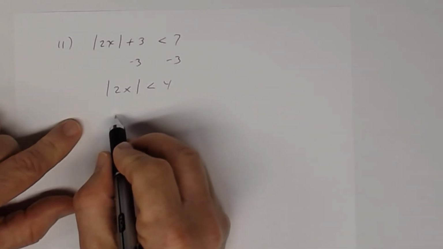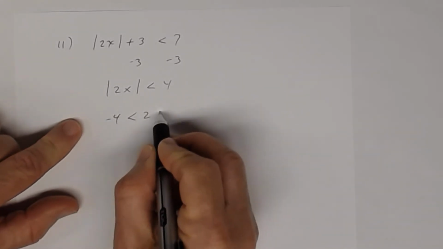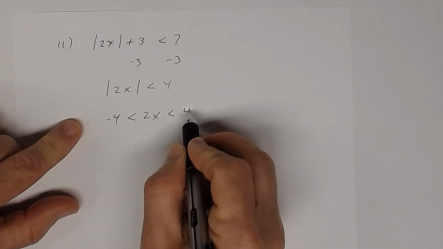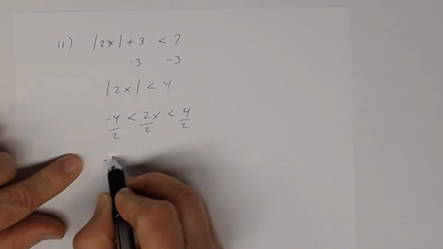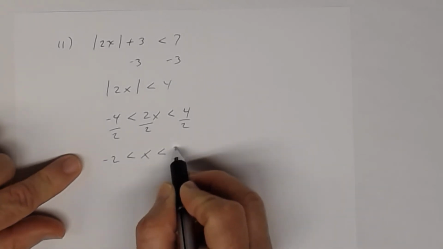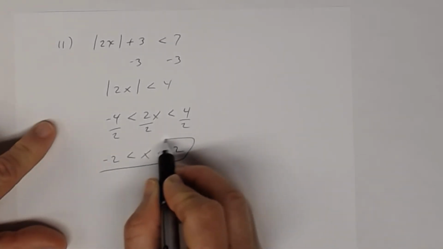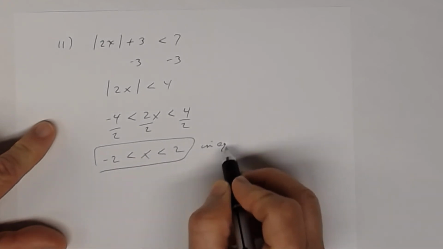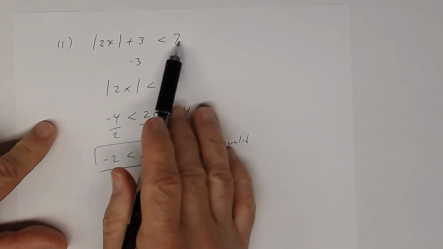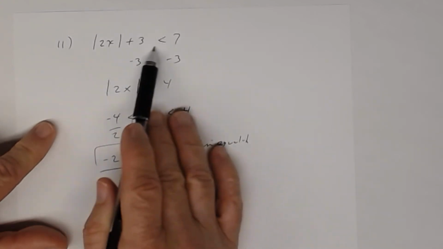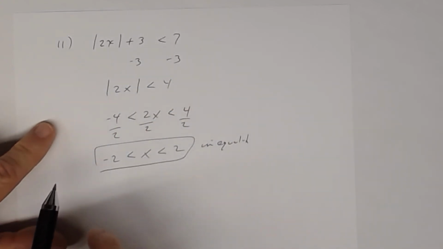So you're going to say negative 4 is less than 2x is less than 4. And then we're going to divide both sides by 2. So I get negative 2 is less than x is less than 2. And there's your solution as an inequality. So any real number between negative 2 and 2 will make this original problem a true statement.